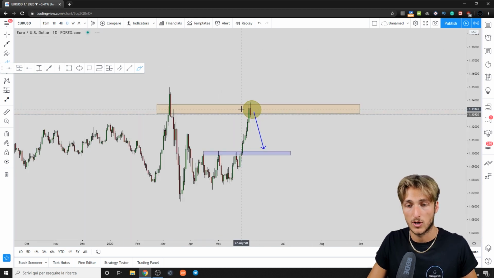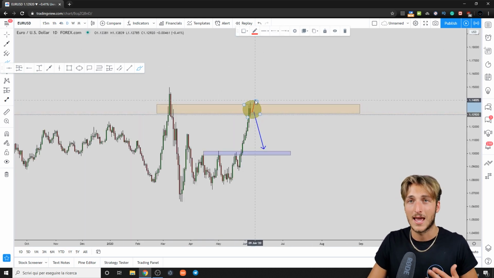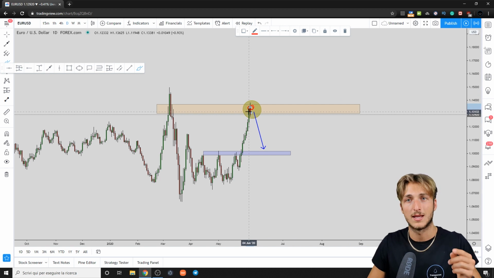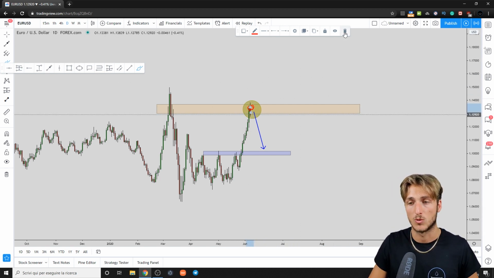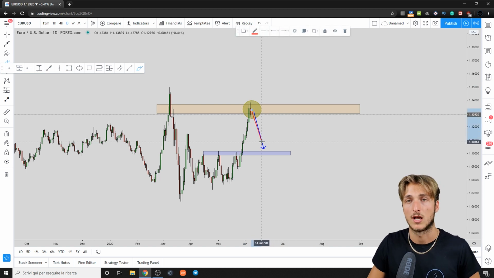We will not be looking for any shorts, because on the 4 hours, everything is still bullish. But if the market shifts from a bullish market to a bearish market, then we will be waiting for one of our valid entries. And as soon as the market provides it to us, we will be looking for a nice short with a very good risk to reward and very good probabilities for the move to the downside.